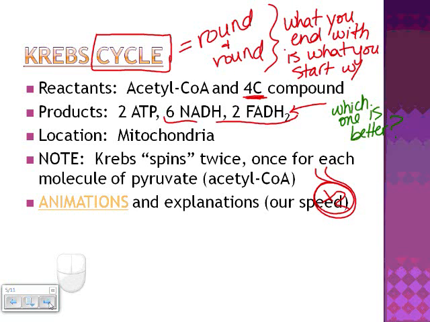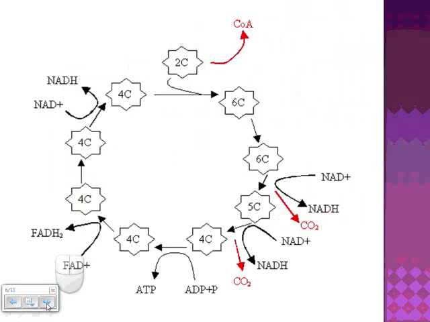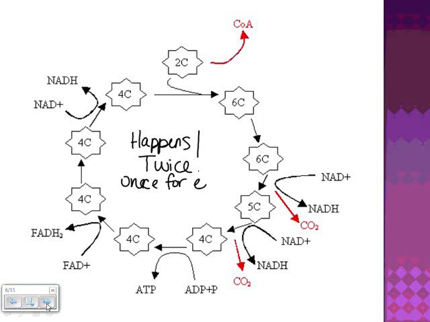We've got an animation that kind of shows it, and this is a diagram of our Krebs cycle. So the first thing we're going to talk about is that it happens twice, once for each acetyl-CoA.